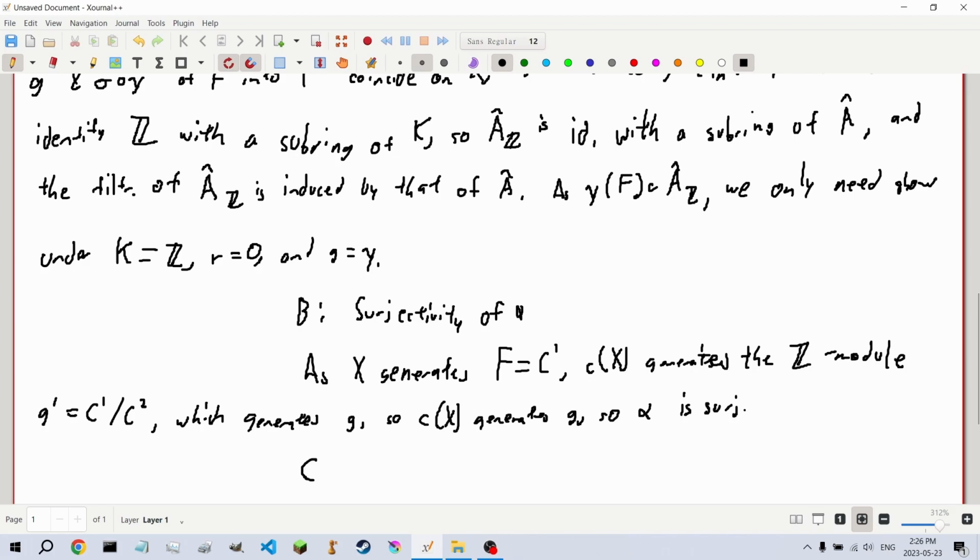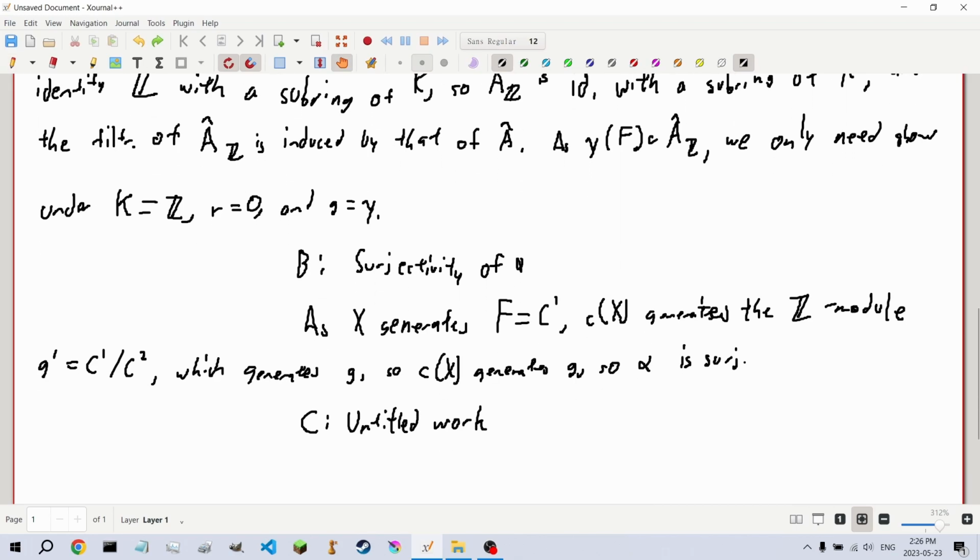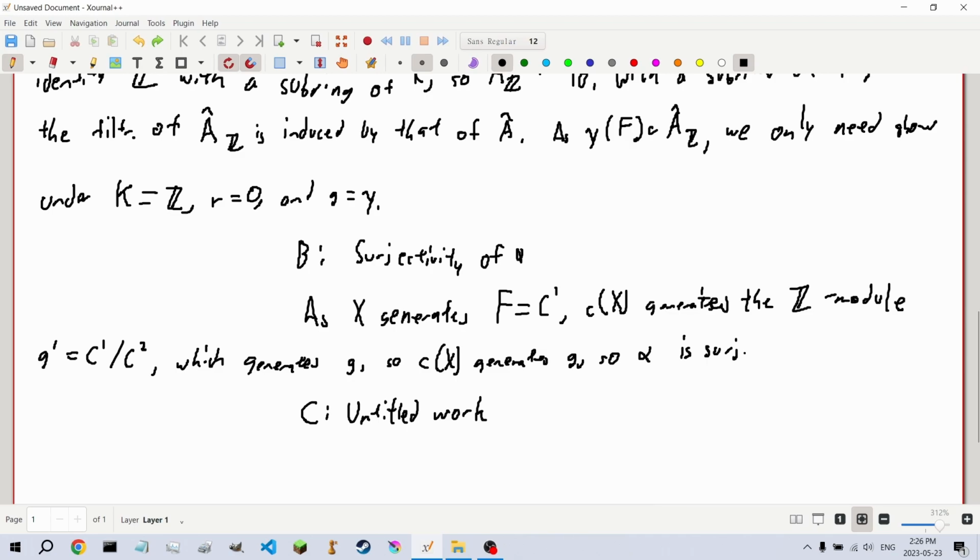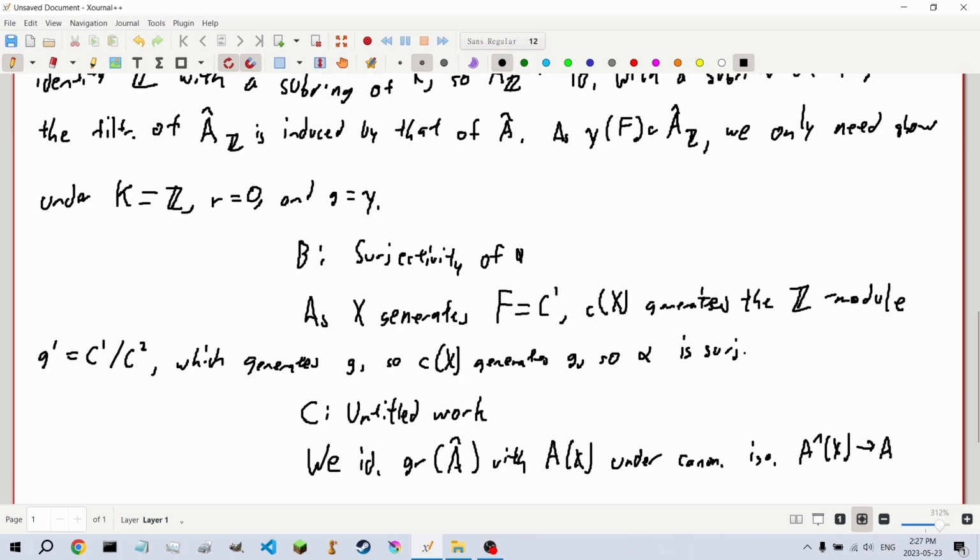Part C. Alright. We identify the graded algebra of the Magnus algebra with the free associative algebra of X under canonical isomorphisms, the nth grade of A of X going to A hat n over A hat n plus 1.